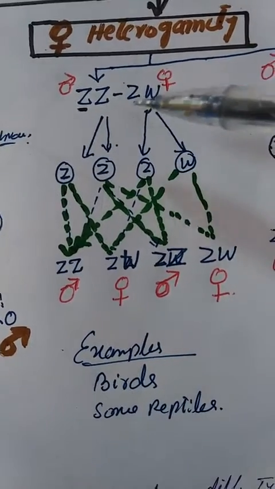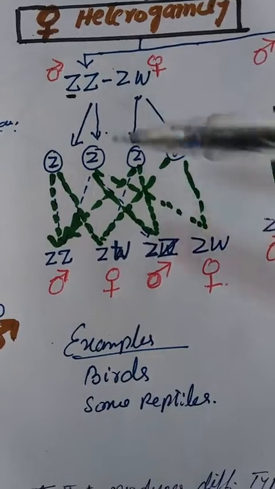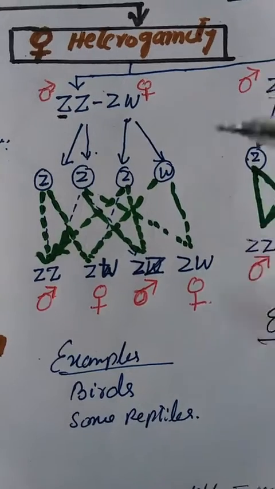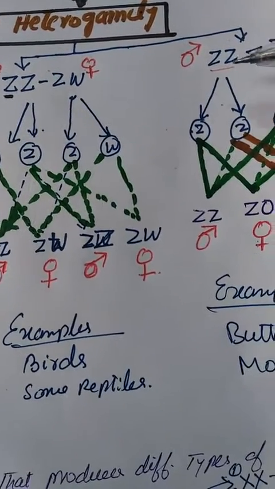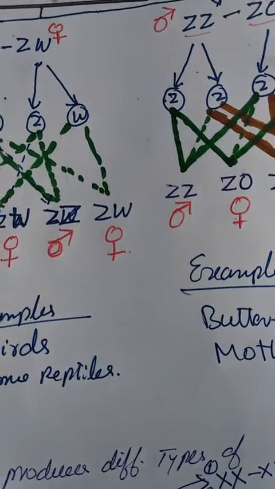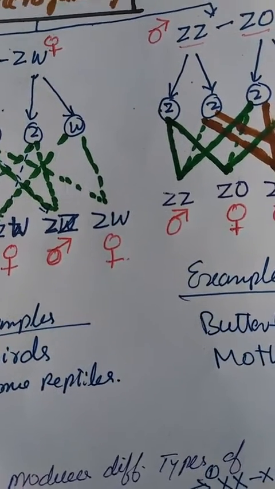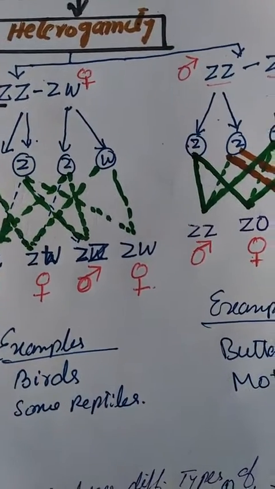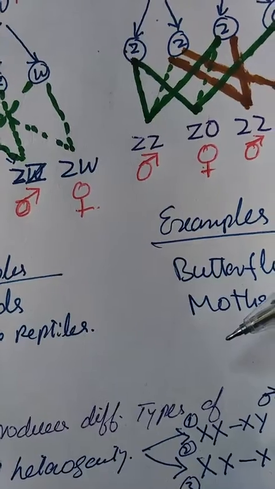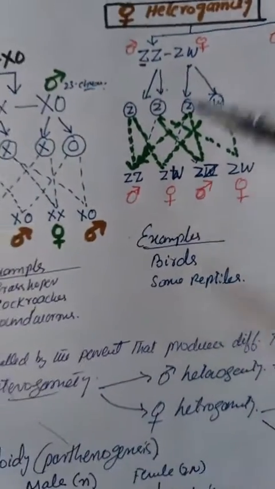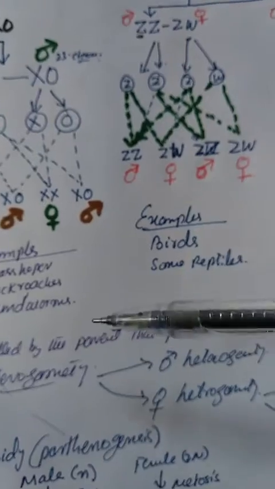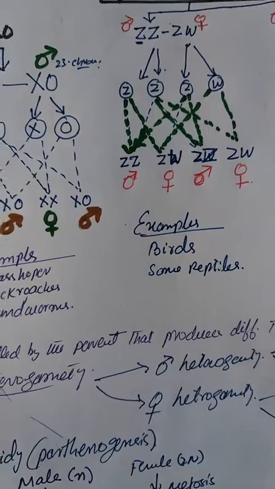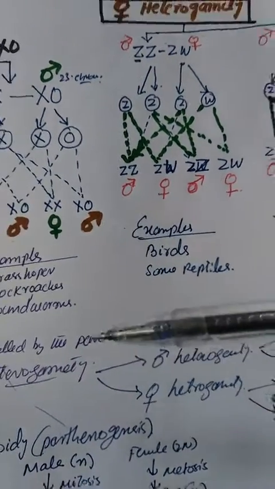This ZZ and ZW type of female heterogamety is seen in animals like birds and some reptiles, while the ZZ and ZO type of sex determination, which results from the female heterogamety, is seen in butterflies and moths. Thus, in all these cases the sex determination is controlled by the parent that produces different types of gametes, that is heterogamety.